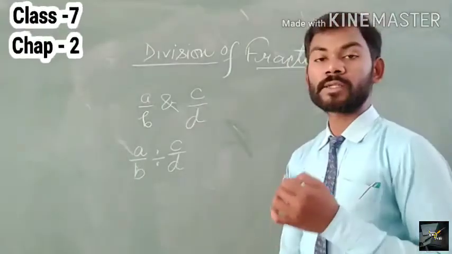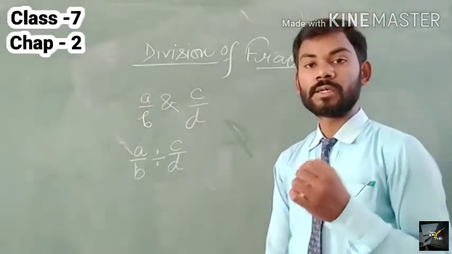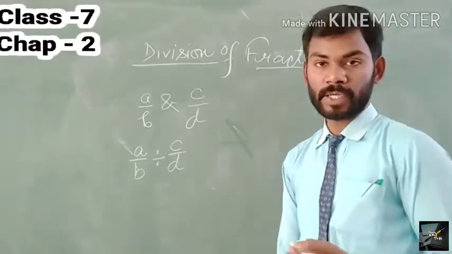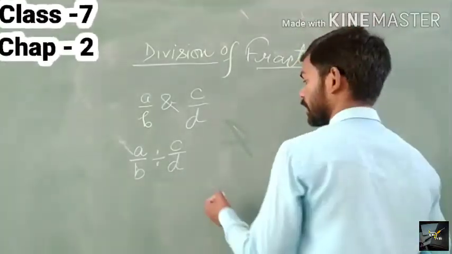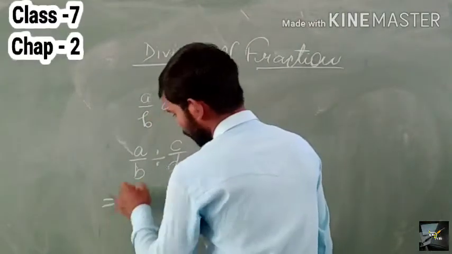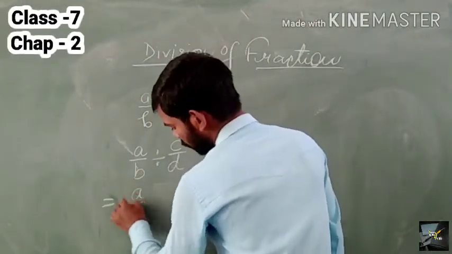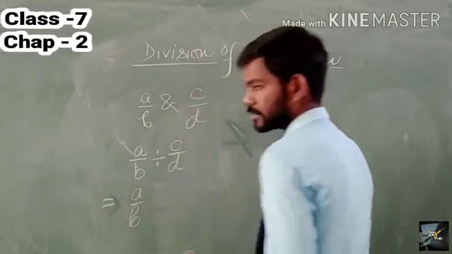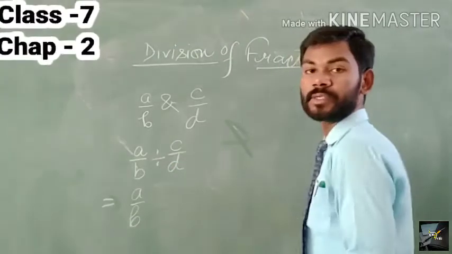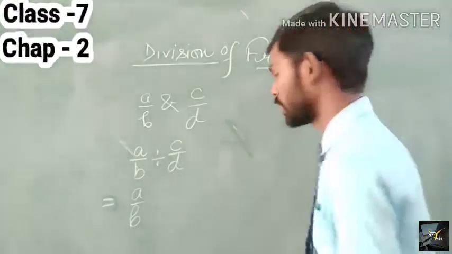In order to divide a fraction by another fraction, we write the first fraction, that is a upon b, as it is, and now convert the sign of division into multiplication.